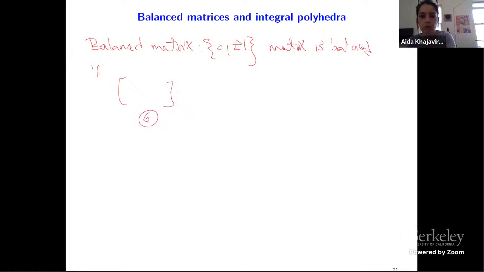So starting from the inequality description of a polyhedron, with some extra assumptions that I don't want to bore you with, if the corresponding constraint matrix is a balanced matrix, then you conclude that the polyhedron is integral, meaning that the vertices are 0, 1 valued.